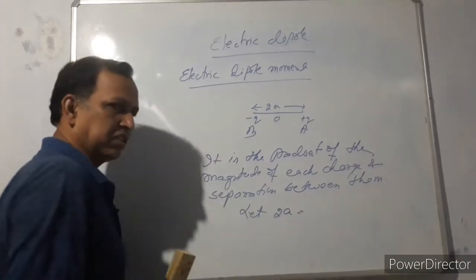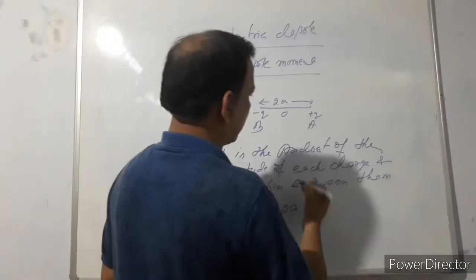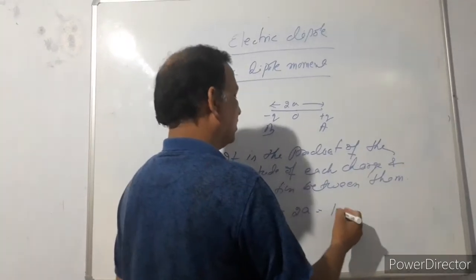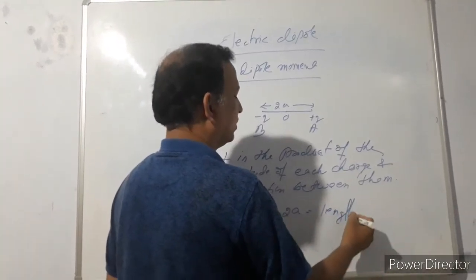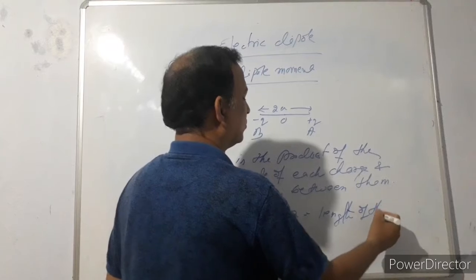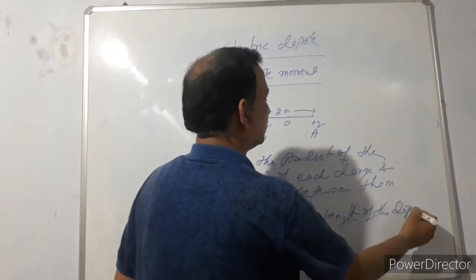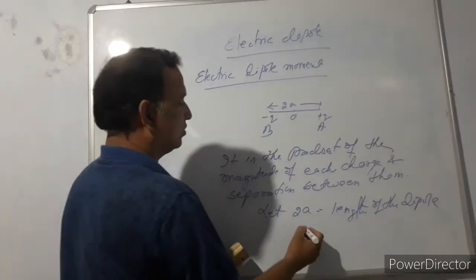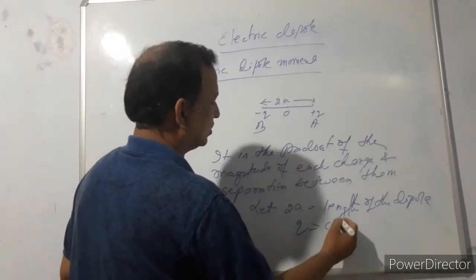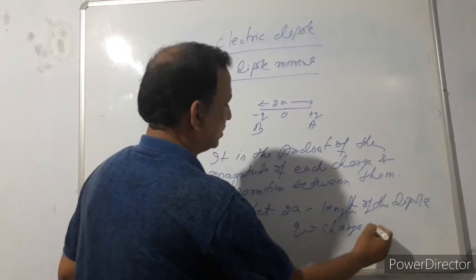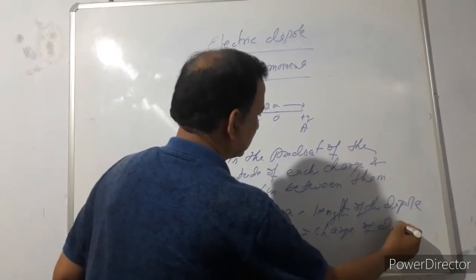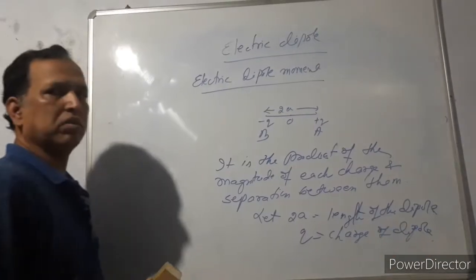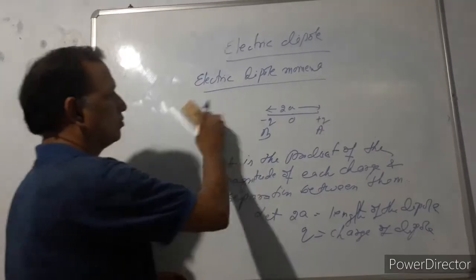2a is the length of the dipole, or separation between the two charges. Clear? The charge is q, the charge of the dipole. Then what is your dipole moment?